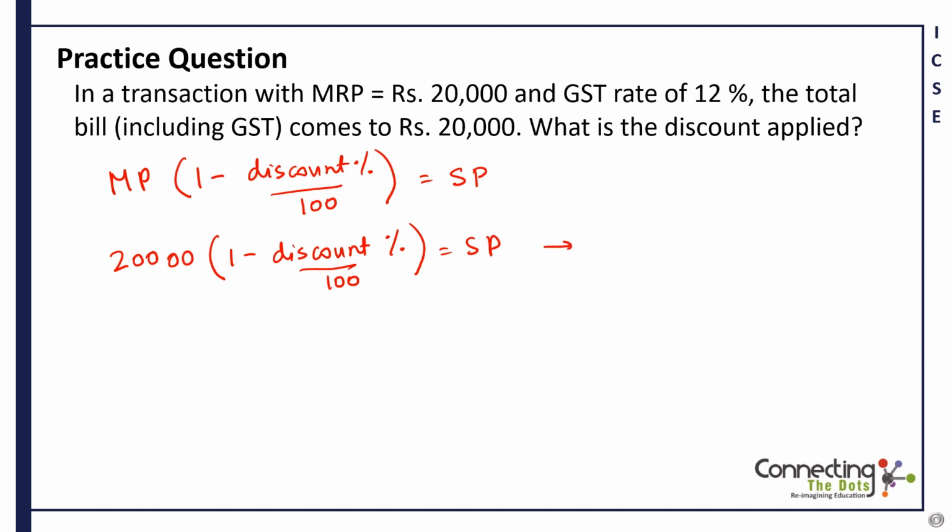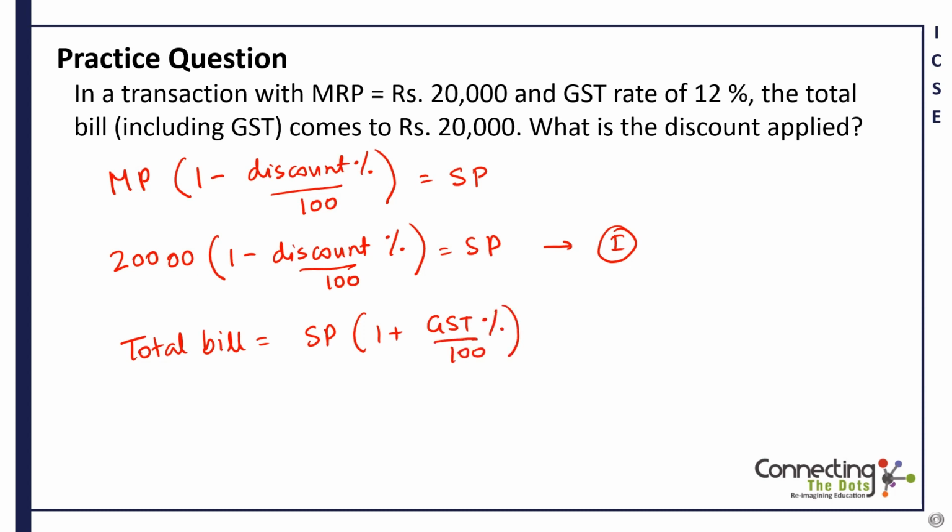this is our first equation, which connects the selling price to the marked price. The second equation connects the selling price to the GST. So the total bill is equal to the selling price, and added to the selling price is the GST rate.